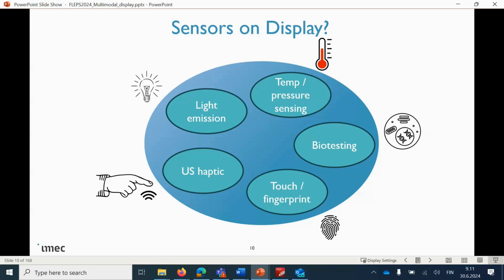The first and most obvious are the temperature sensor, the pressure sensor, light emission or optical sensors that are already there actually, ultrasound, haptic feedback, and maybe imaging, the touch, fingerprint that is done in different ways, one of which is also optical, and maybe the latest, which is more interesting, also the biosensing and bio-related sensors.